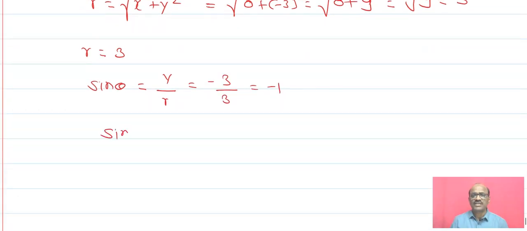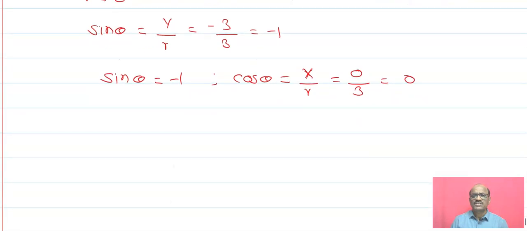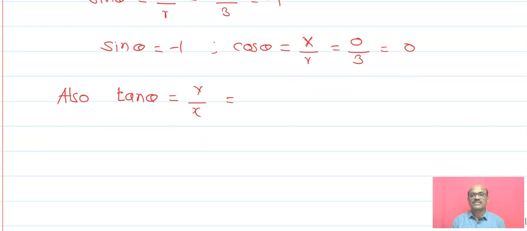that is equal to minus 1, and cos theta is equal to x upon r. The value of x is 0 upon 3, that is 0. Tan theta is equal to y upon x.